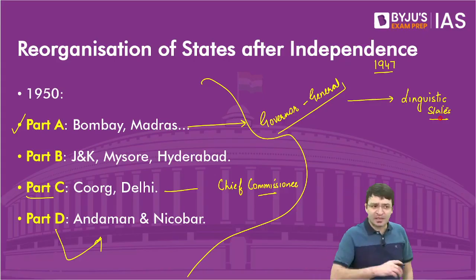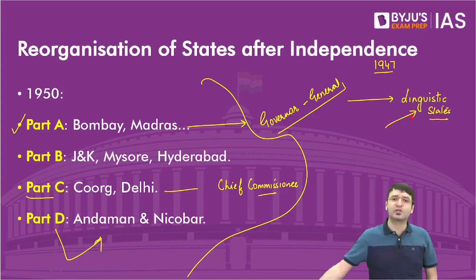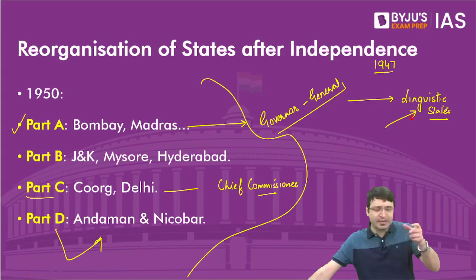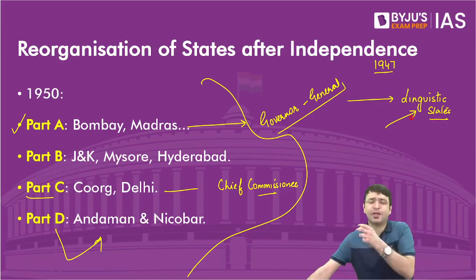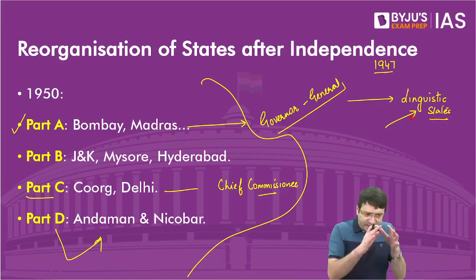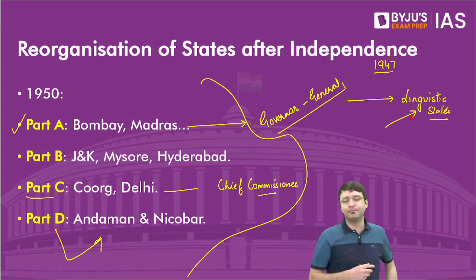So the demand was that the entire country should be reorganized on linguistic grounds. One state for Tamilians, one state for Kannadigas, one state for the Malayalis, one state for the Odia speaking population, one state for the Telugu speaking population. That was the demand.